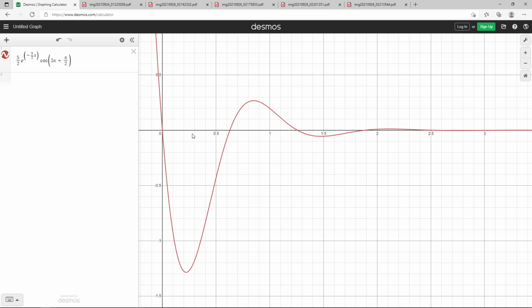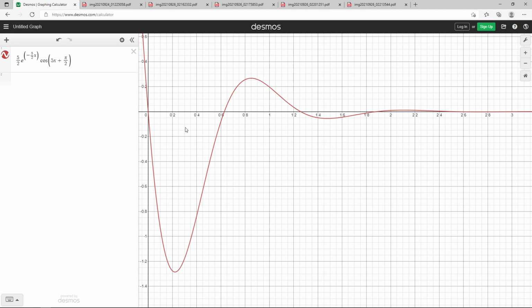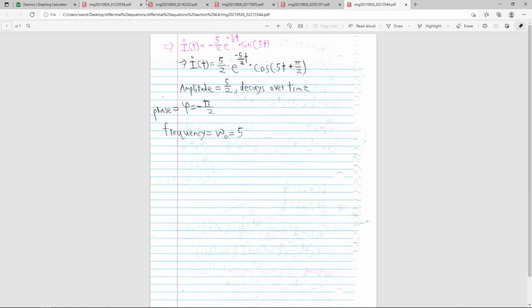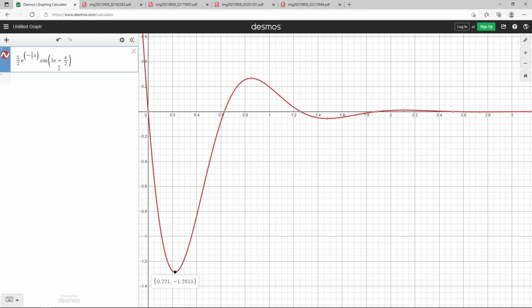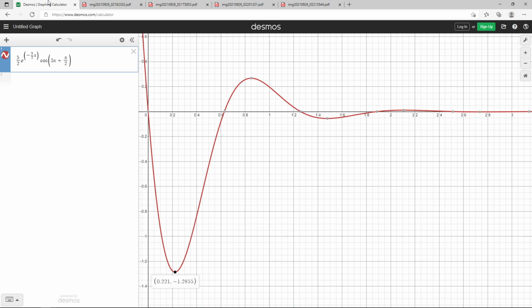Zoom out a little bit, so it has a little bit of a jump. Well, not much. So it goes down. 5 halves times e to negative 5 halves t times cosine 5t plus pi halves.